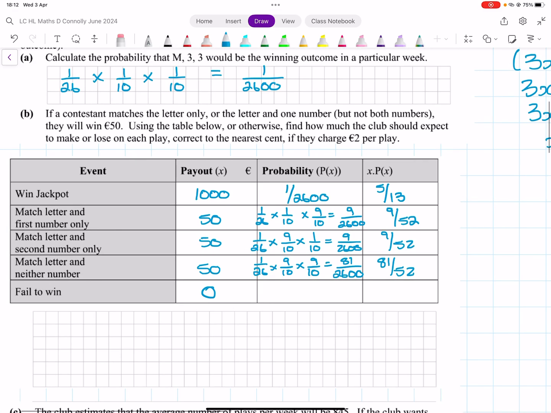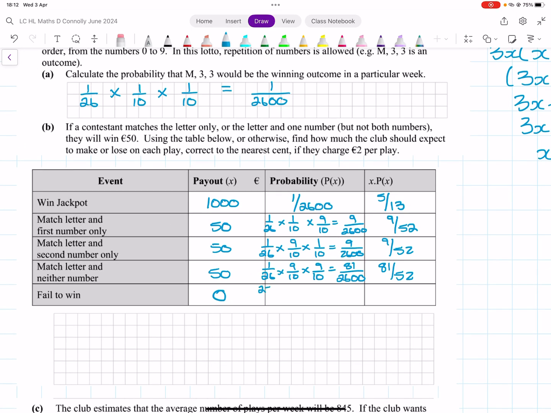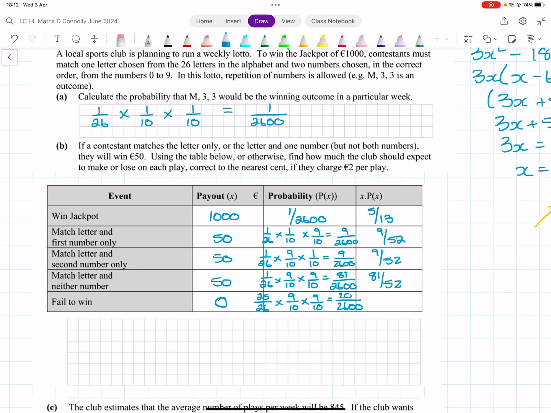I suppose the probability doesn't really matter. Oh no, it's not 1 over 26, so you're not matching anything. So it's 25 over 26, 9 over 10, 9 over 10. So this is 25 by 9 is 2025, times 0 is just 0.